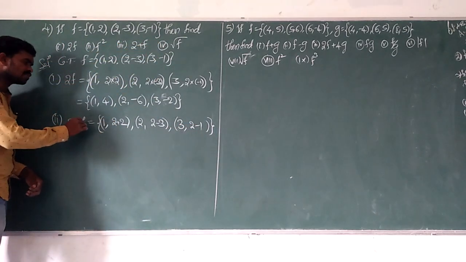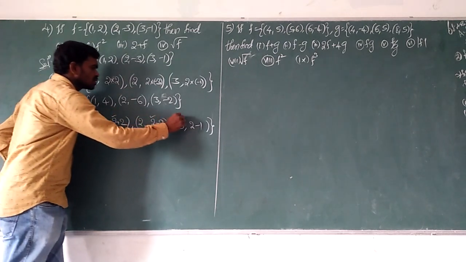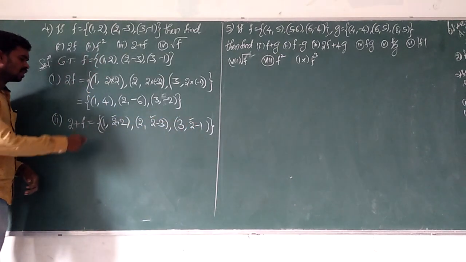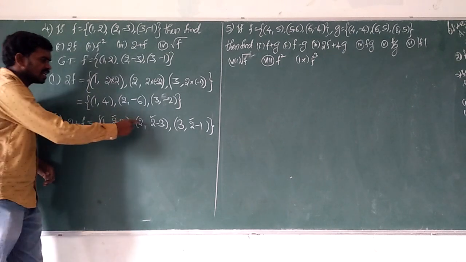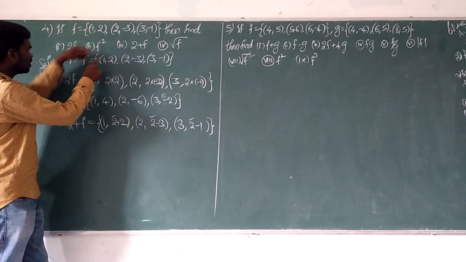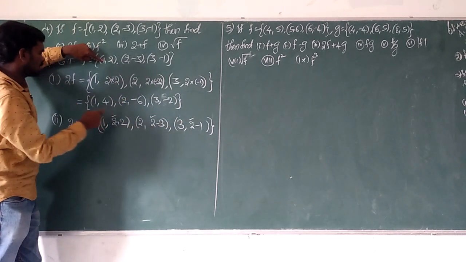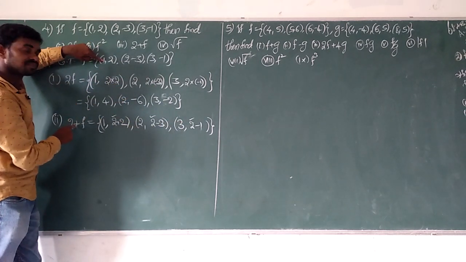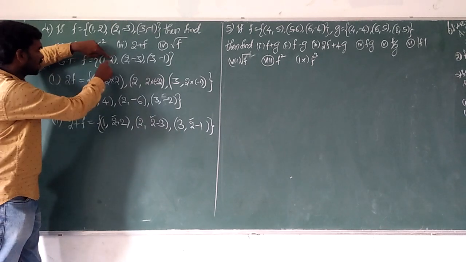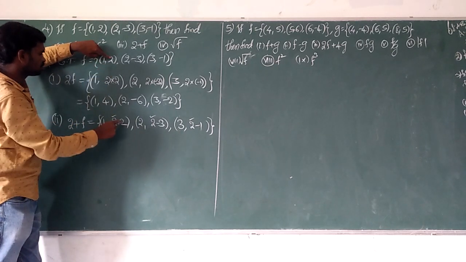Okay, first elements write as it is. 1 means 1, 2 means 2, 3 means 3, as it is. Next, plus 2 is added for the next element. 2 plus 2.